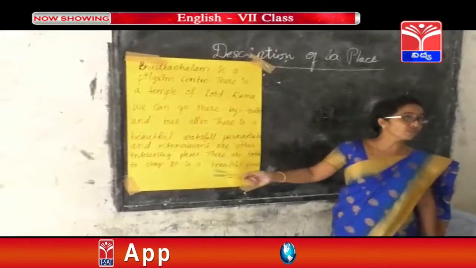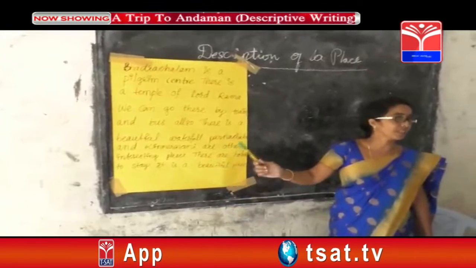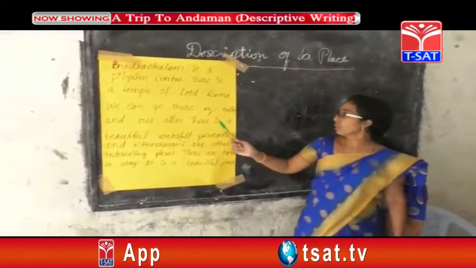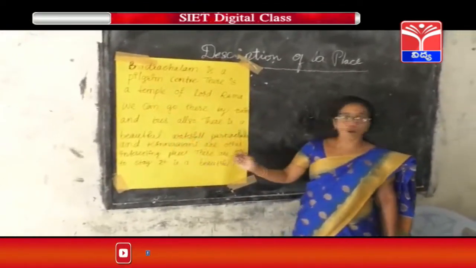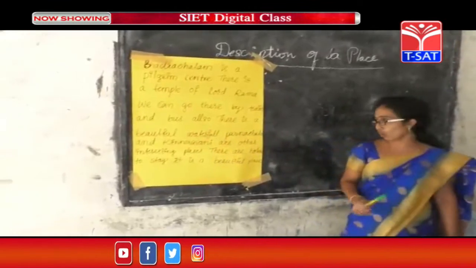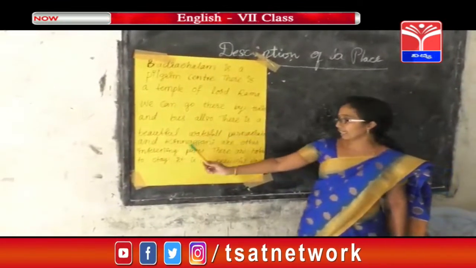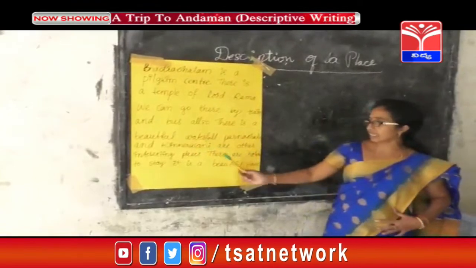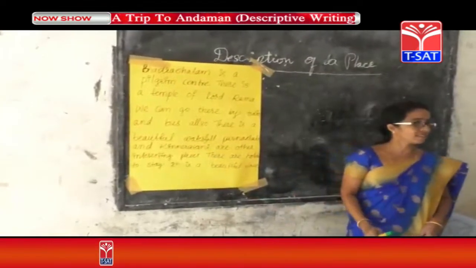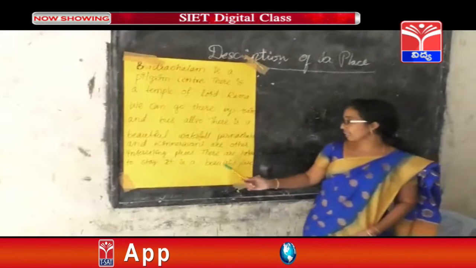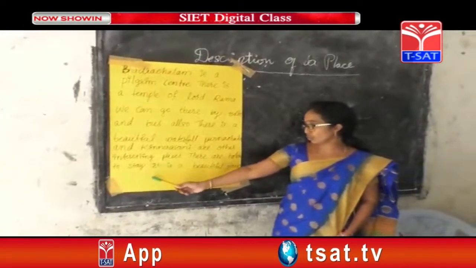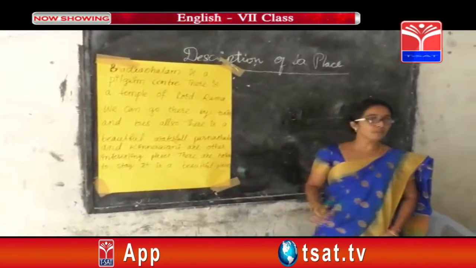I'll ask you, are there any mistakes or should it be corrected in any way? You just find out. There is a beautiful waterfall. Parnashala and Kinnarasani are other interesting places. That's what she wrote. And then there are hotels to stay. It is a beautiful place.